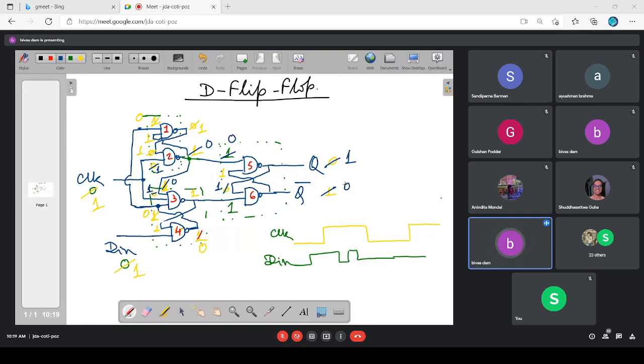Okay. And this continues so long as my D in is 1. As soon as D in becomes 0, somewhere here, this is 0. So what other changes will happen? Changes will start from which output? The 4. Sir, 4. So this will be 1, the output 1.